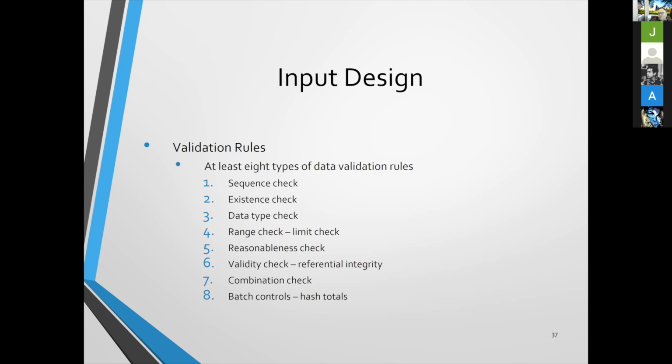Reasonableness check means that you check the possible values that might happen. For example, you ask the users to enter the birth year, and the user types, I was born in year 2001.